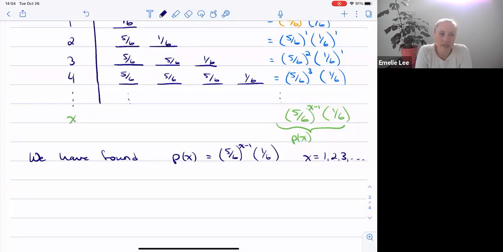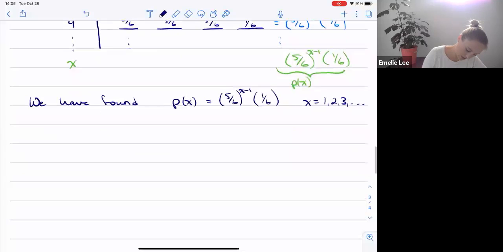So one property that we know is that if I look at all the probabilities, they have to sum to 1. If I consider all the possible outcomes, then they have to sum to 1. And so that's where the next part comes from.